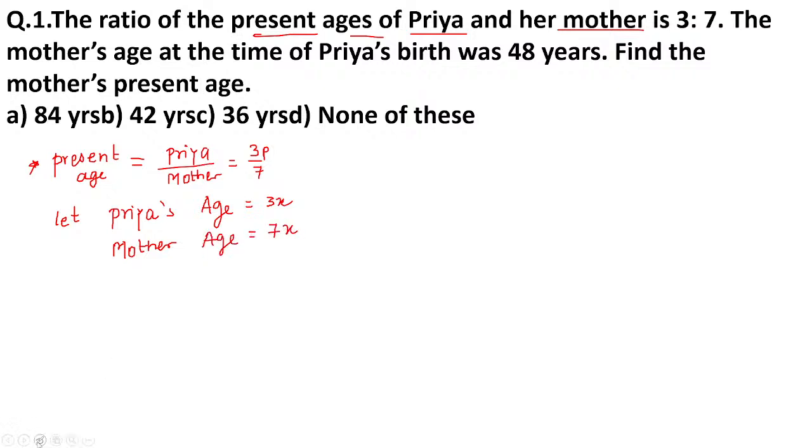We are considering the ages of Priya and her mother to be 3 parts, that is 3x, and mother's age is 7 parts, that is 7x. Okay. It means how many total parts are there, students? This is not important, but I am explaining you the fact. 7 parts and 3 parts. It means total parts are 10x. Correct?